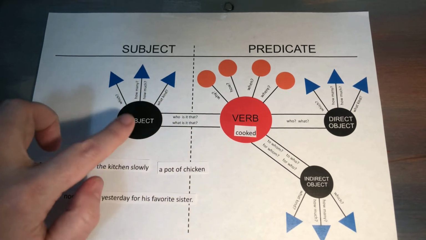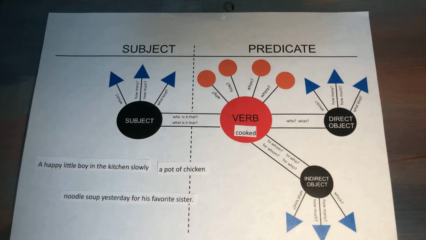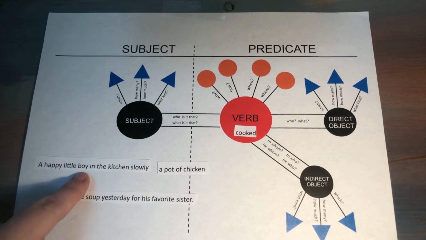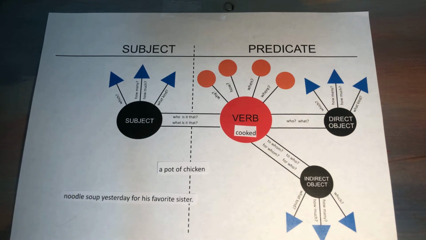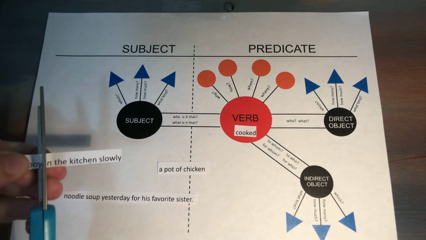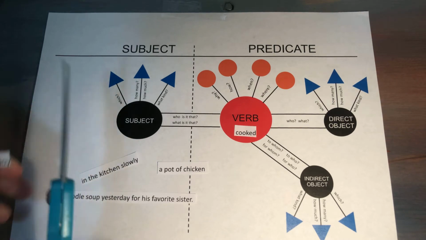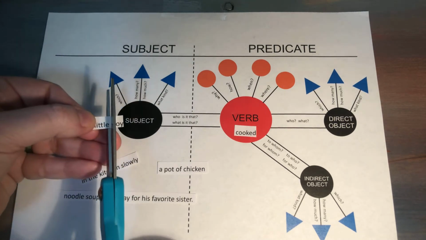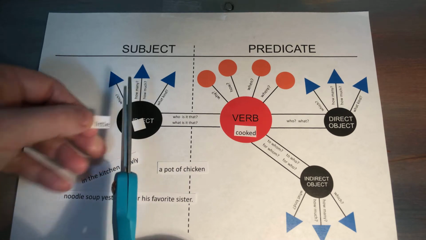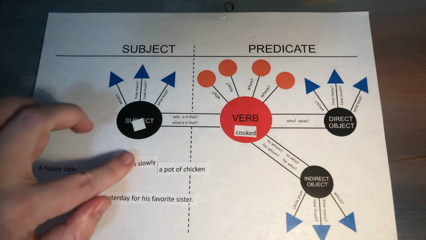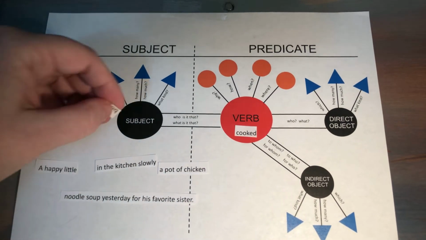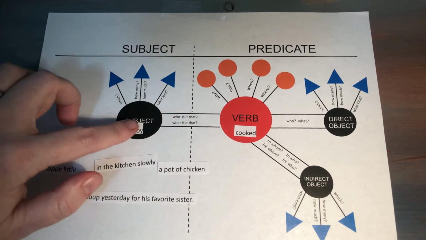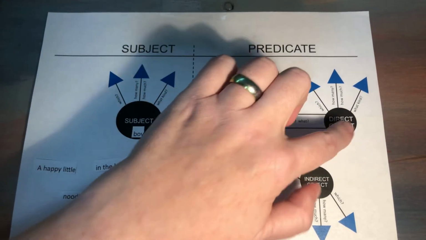Who or what is it that cooked? That's our subject. The boy. The boy cooked. So let's cut out the word boy because he is our subject. Let's flip it around so we can actually read it. Okay, so a boy cooked.